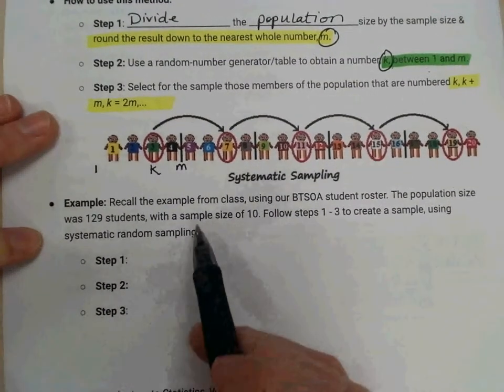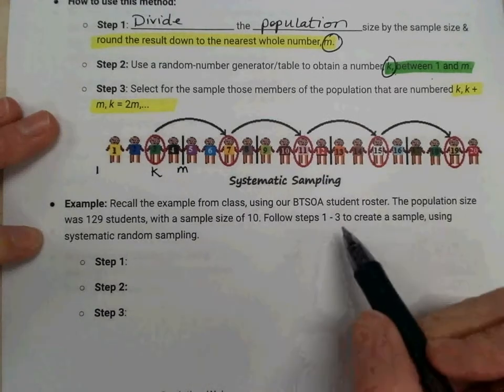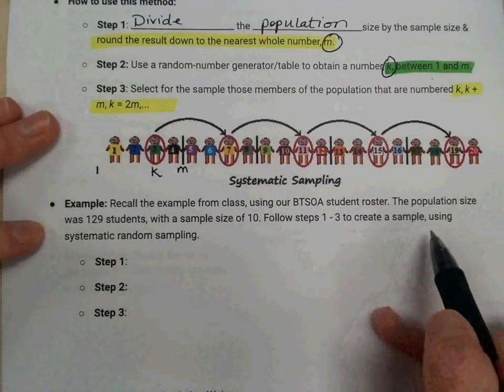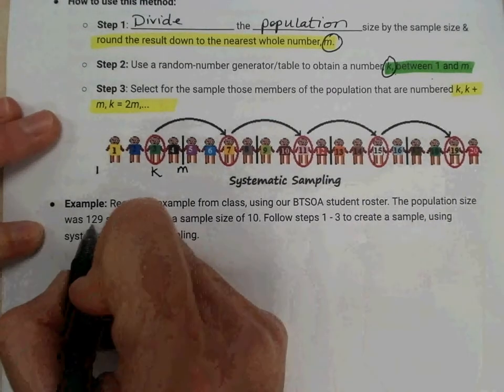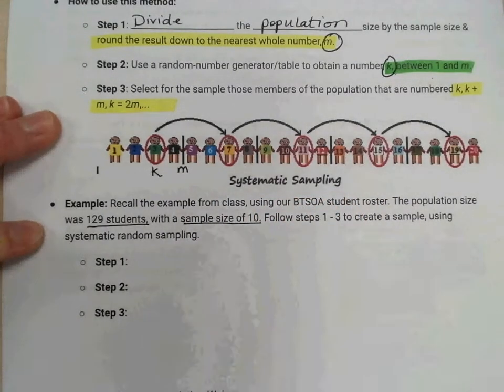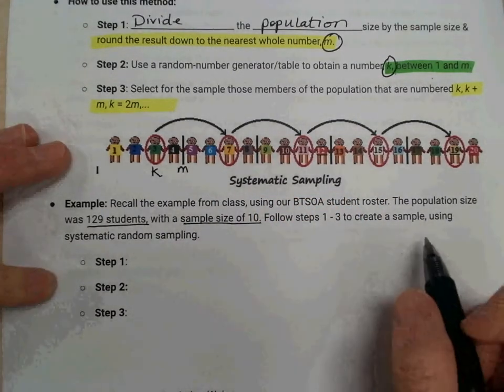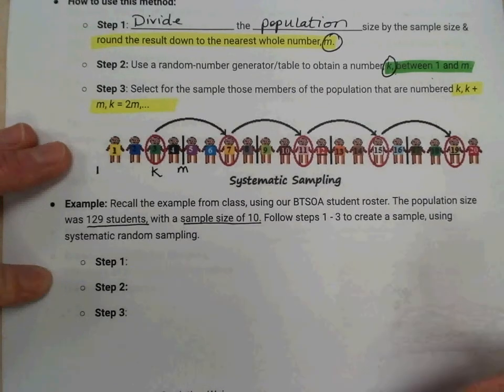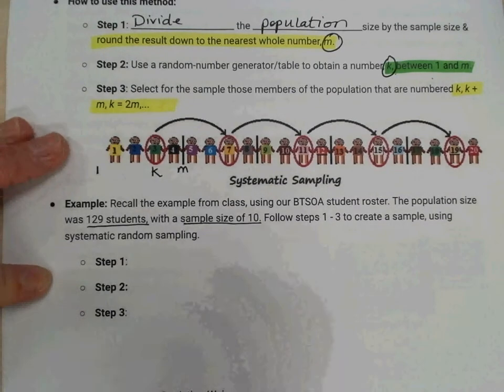Recall the example from class using our BTSOA student roster. The population size was 129 students with a sample size of 10. We're going to follow these steps in order to create a sample using systematic random sampling.